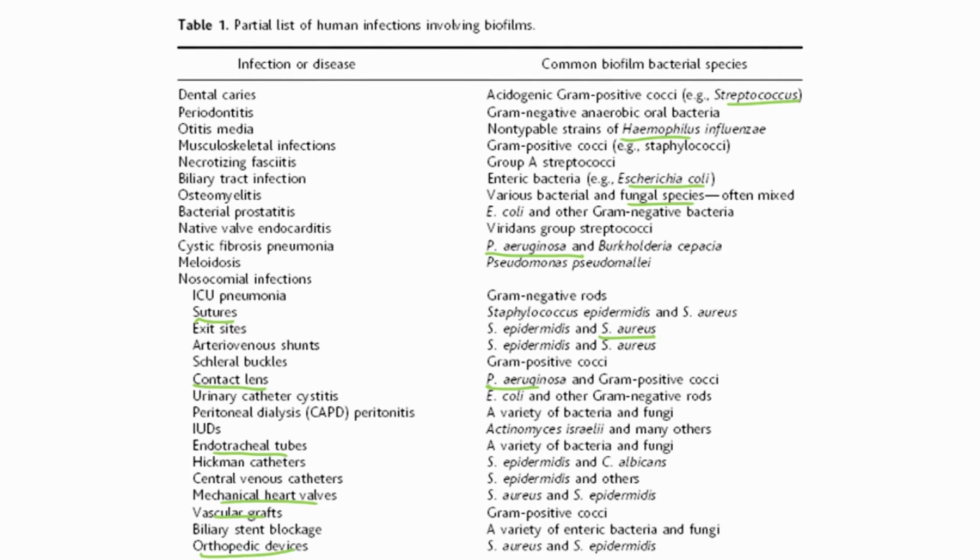These implants are essentially metal implants, and S. aureus is one of the major organisms that infects these bone devices. This is a major problem, and we need to take precautions when handling these things.